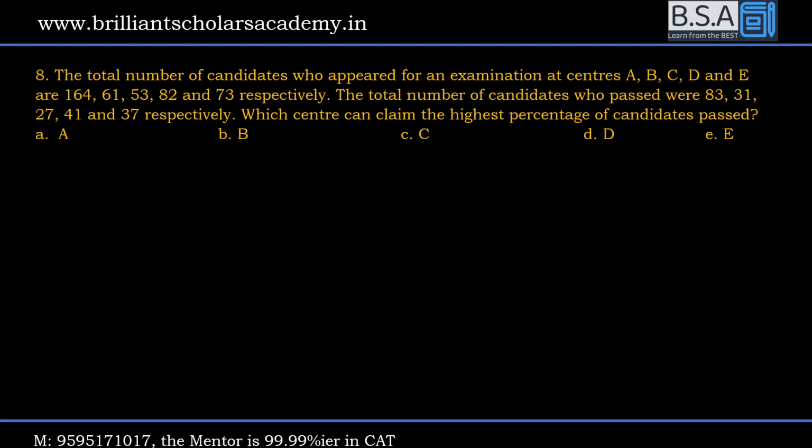So can I say it is already 50%, yes? Plus 1 upon 164, can I say this? What is half of this? Hold on, don't panic. What is half of this? 30.5. I already have 50%. Can I say I have further 0.5 upon 61, which is 1 upon 122?